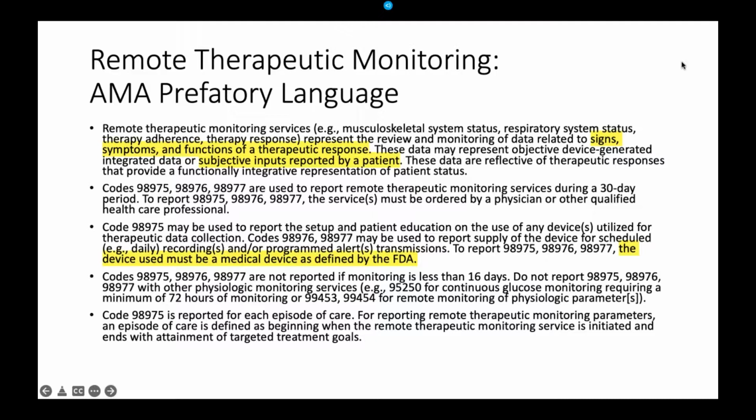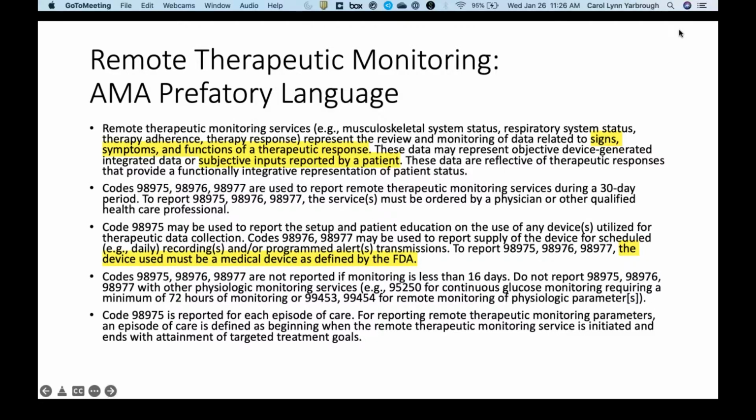So the data may represent objective device generated data, which is what RPM directly addresses, or subjective inputs reported by a patient. For instance, I did my physical therapy today. I feel good. Or my range of motion was 45%, and the next day it was 50.